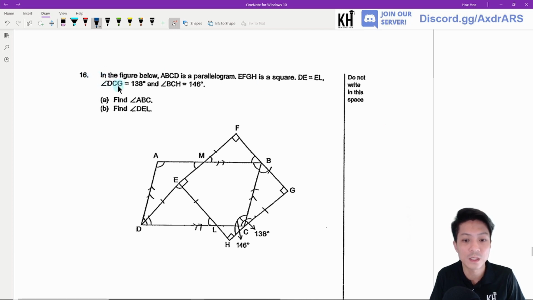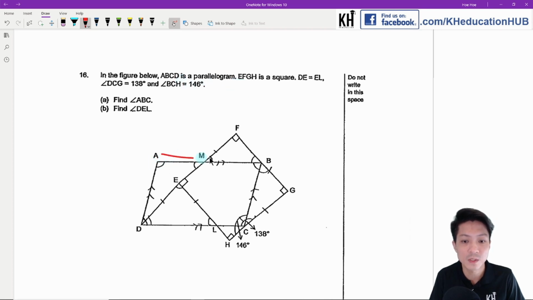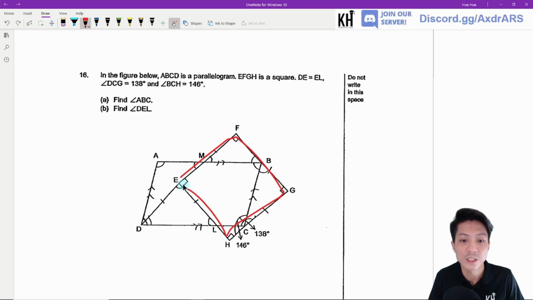Okay, question 16. In the figure below, ABCD is a parallelogram. EFGH is a square. DE is equals to EL, which is already marked over here.